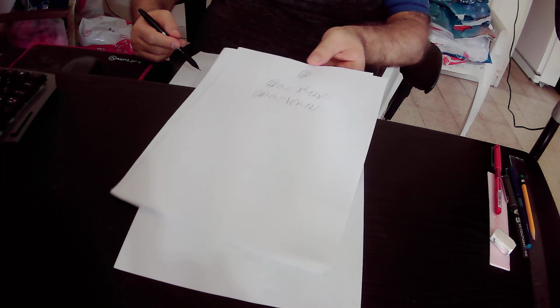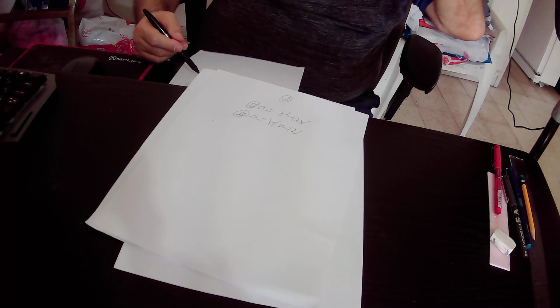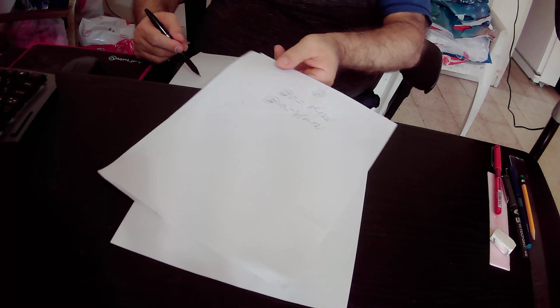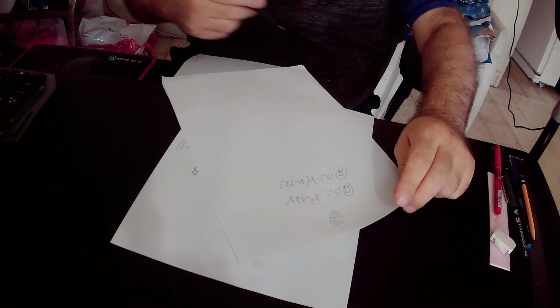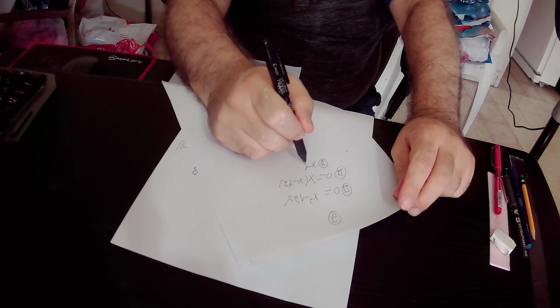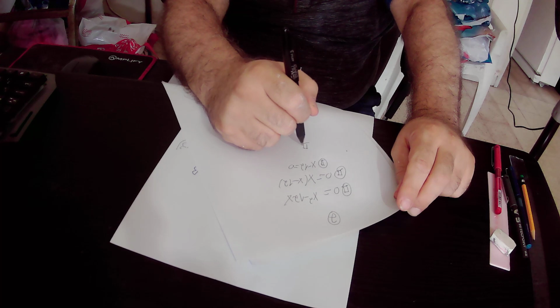So x equals 0 is an incorrect solution, and the other solution is x minus 12 equals 0, so actually x equals 12 units.